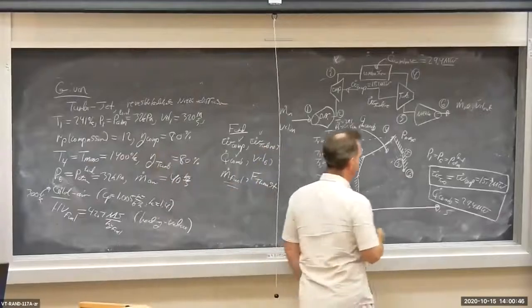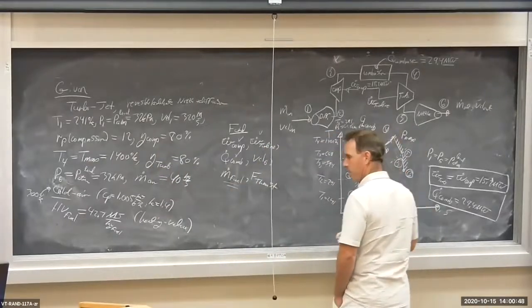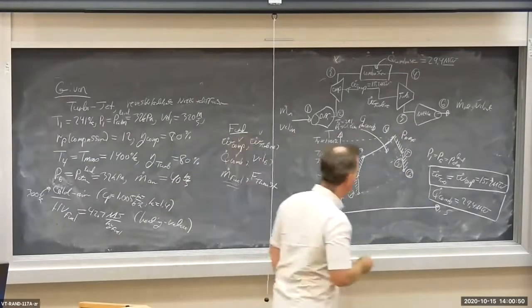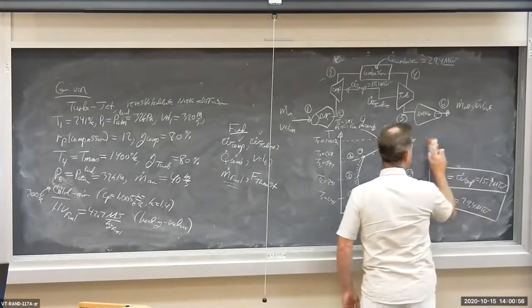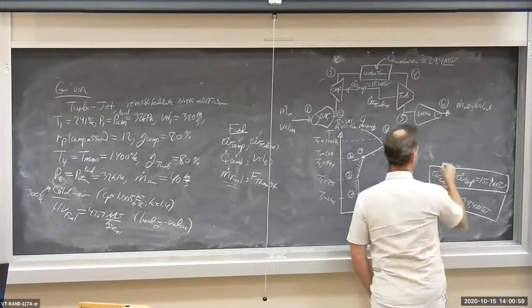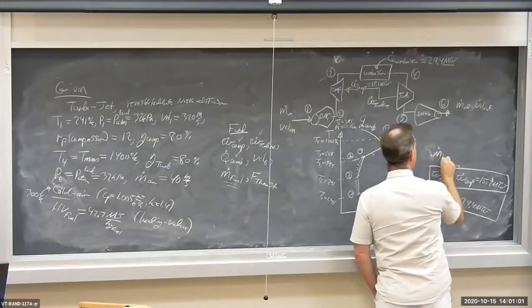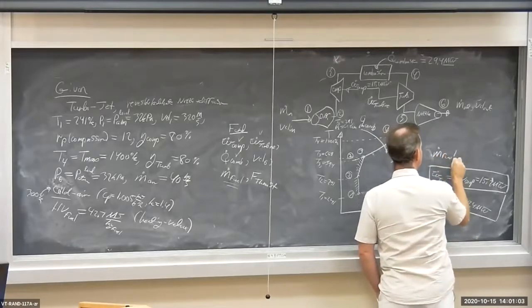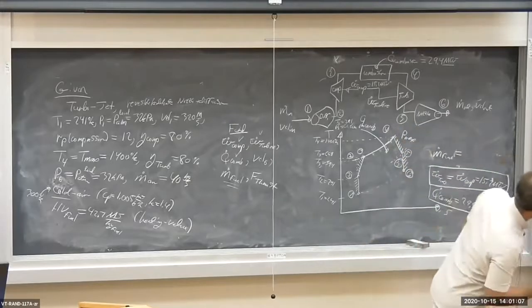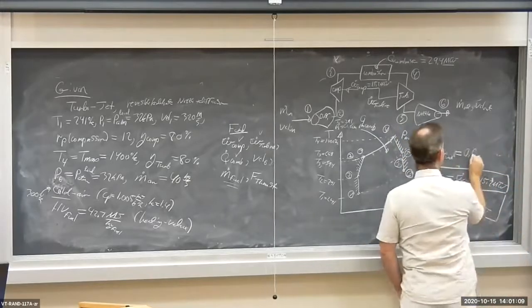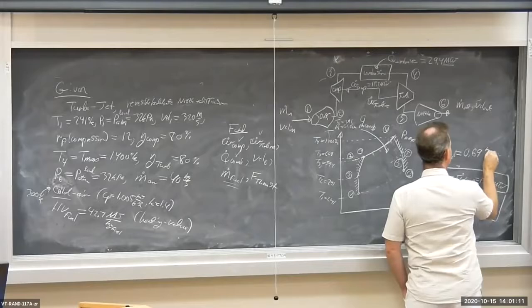Oh, I'm starting to run out of space. I think I better erase a few things. Not enough board space with this arrangement. Okay, so M dot fuel equals 0.69 kilograms of fuel per second.